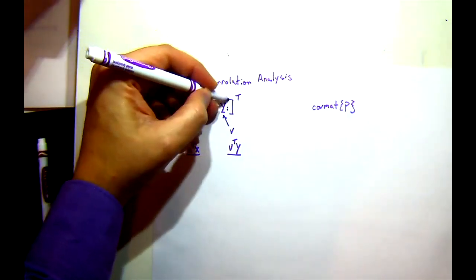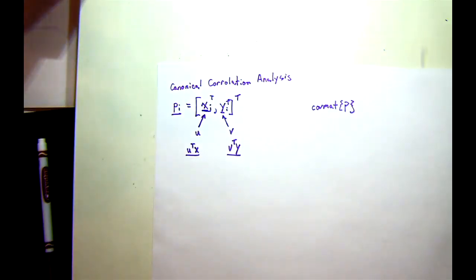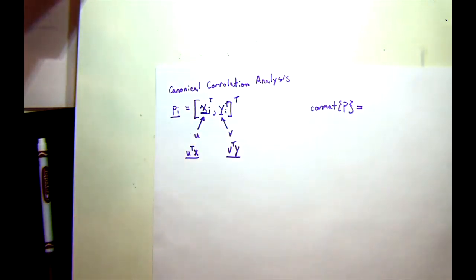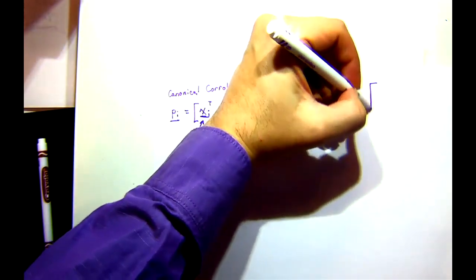Sorry, if we transpose, it's a column vector of all the values, just to get it right. So you have all the X values, you have all the Y values. They're all concatenated into a single column. If we were to look at the covariance matrix of P, which is just the data set composed of all those data points, it's going to look something like this.